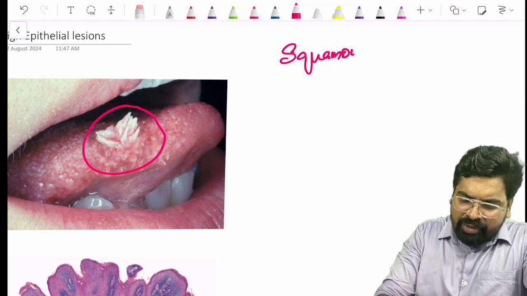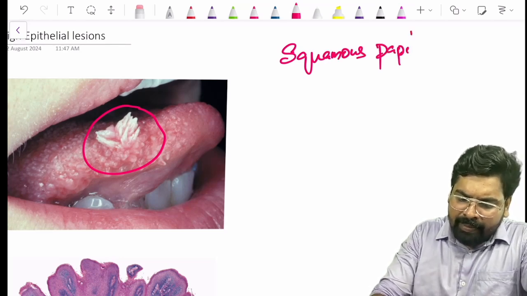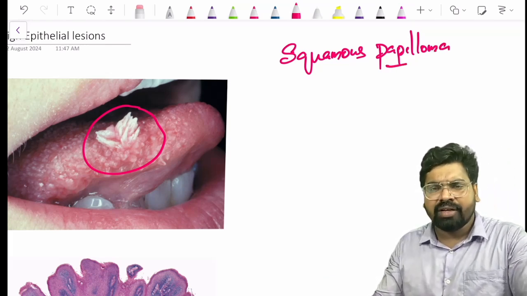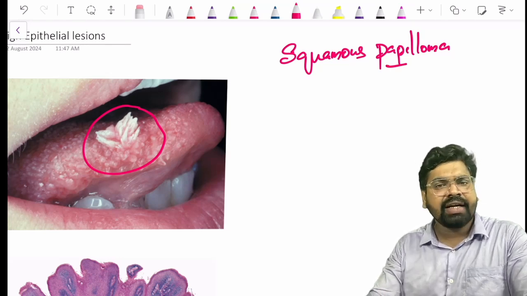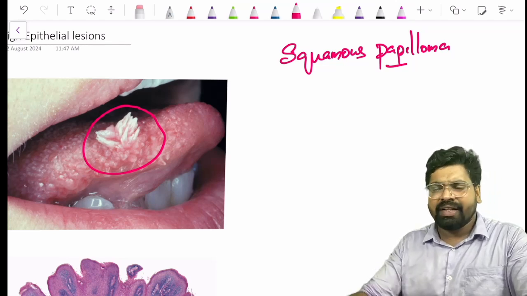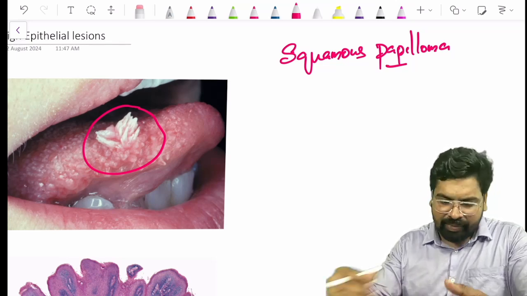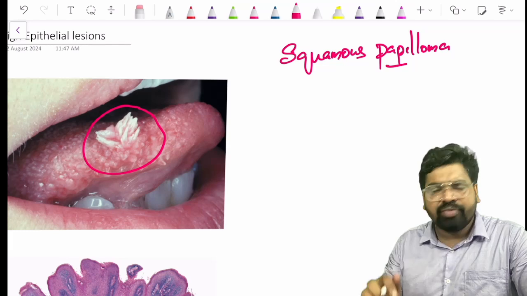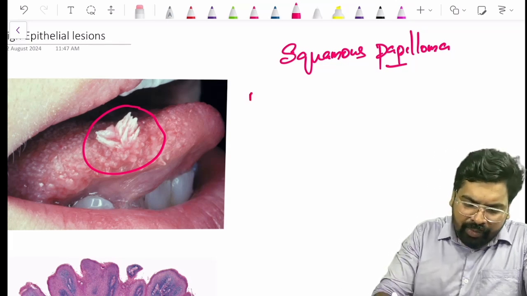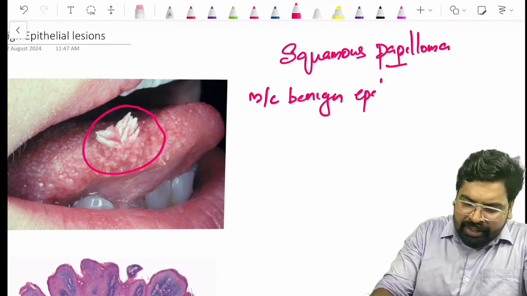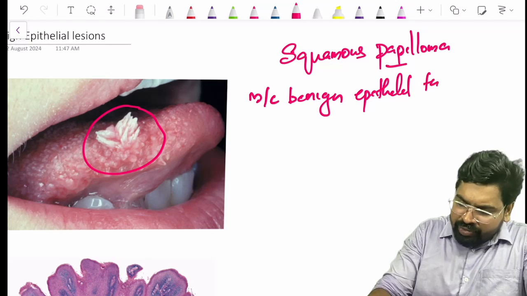What you mean by squamous papilloma is that squamous papillomas are papillomatous growths or finger-like growths over the oral mucosa. Your mucosal epithelium will proliferate a little and make finger-like projections like this. Squamous papilloma is actually the most common benign epithelial tumor of your oral cavity.